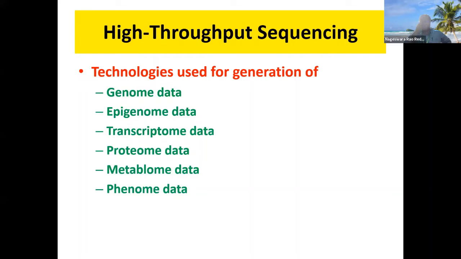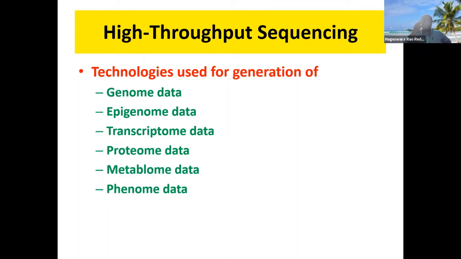High throughput sequencing concentrates on sequencing large amounts of data, that is, thousands to millions of reactions in parallel at a moment. For this, both genome sequencing strategies and next generation sequencing technologies have helped us.